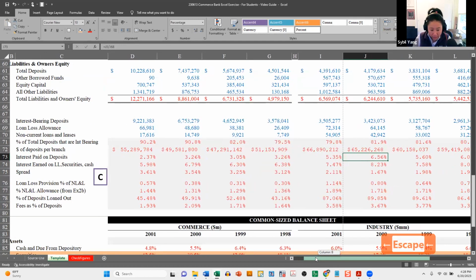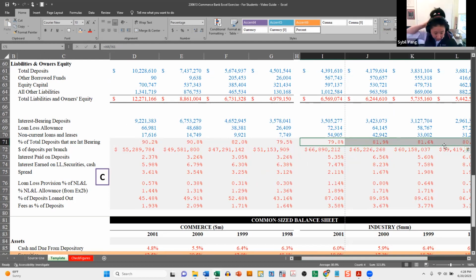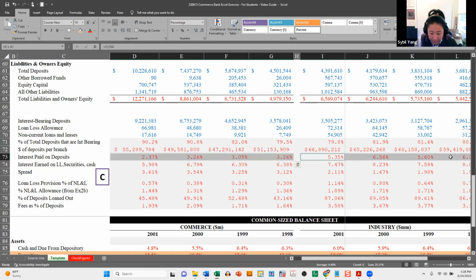So it looks like industry on average has more deposits per branch, right? A smaller percentage of the deposits at other banks are interest bearing, which is interesting. The interest that Commerce pays on deposits is routinely lower by about 2 percentage points.